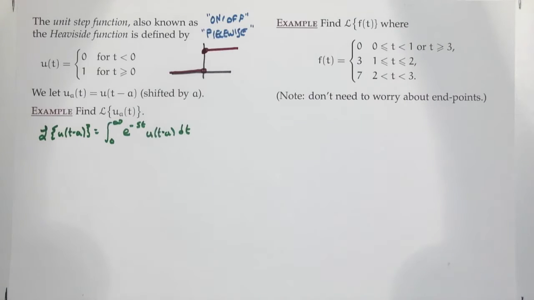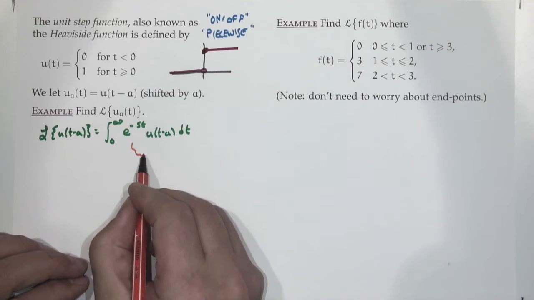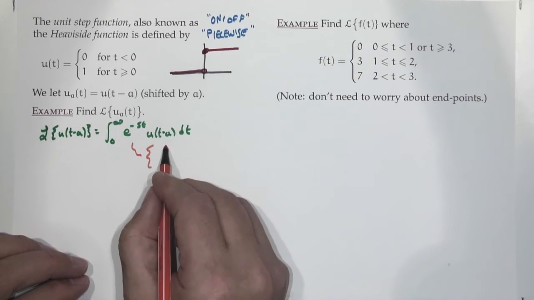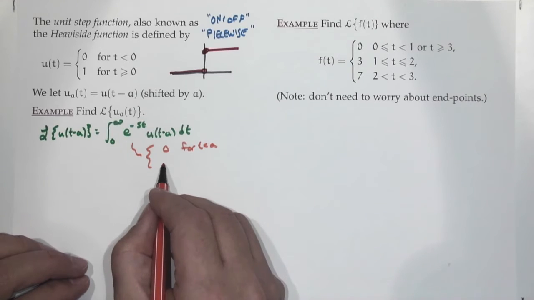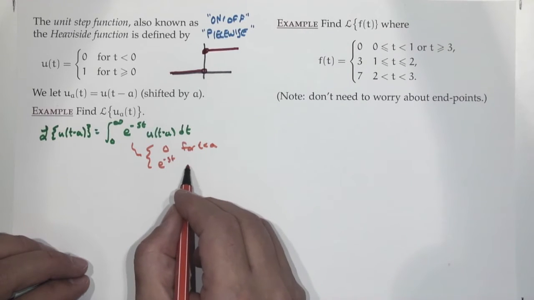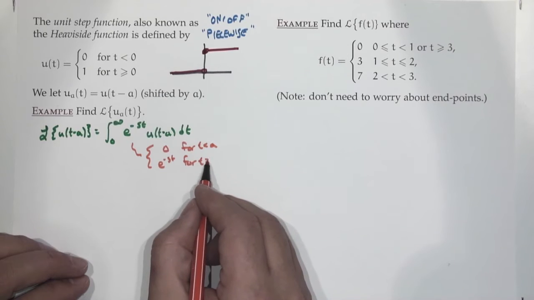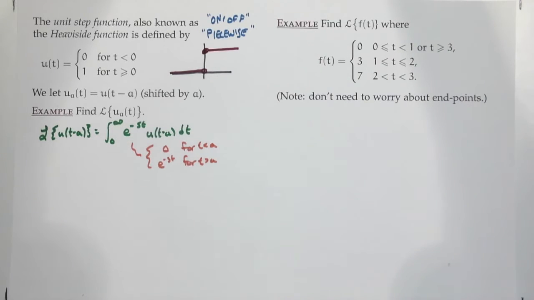And so, one way we can think about this, we say, this is really 0 for t less than a, and it's e to the minus st for t above a. Now, we don't actually care about exactly a. It turns out it's considered on, but that's not important.